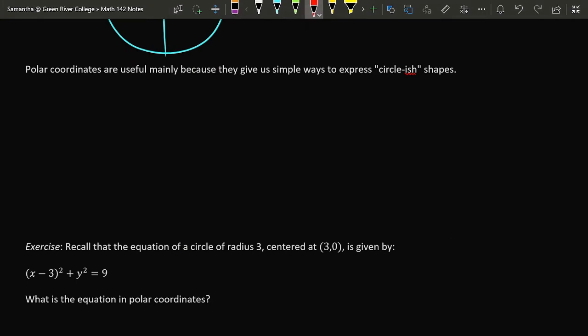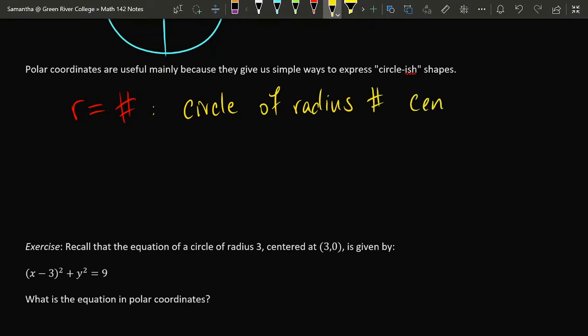Now primarily, polar coordinates give us a great way to represent the equations of circles which are centered at the origin. R equals number is the circle of radius number centered at 0, 0. Because of how r is defined as a distance as measured from the origin, r equals number is a circle centered at the origin.